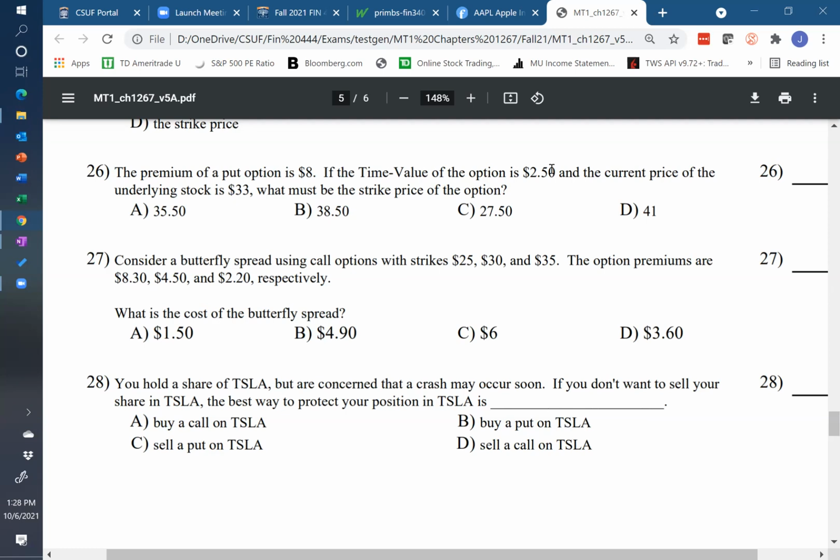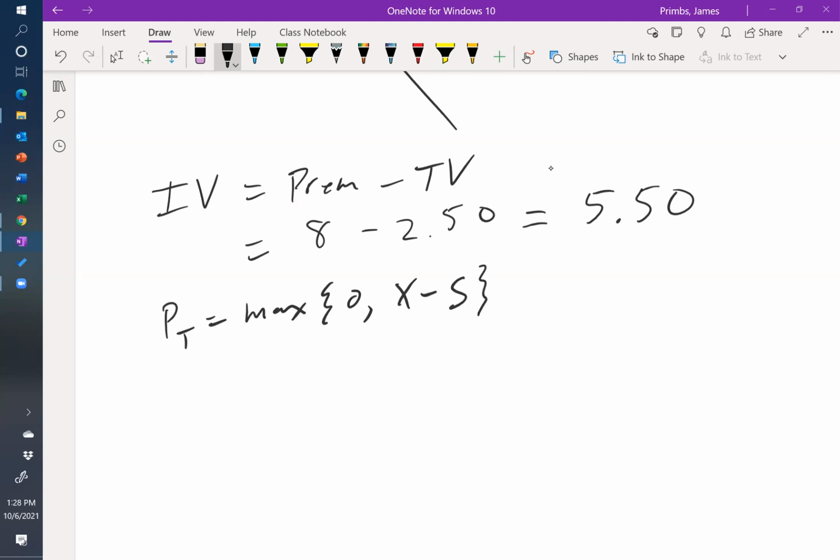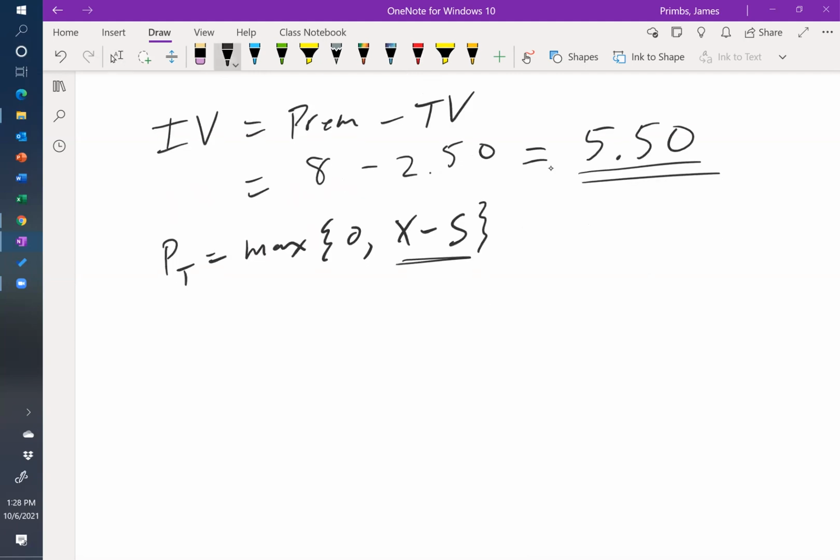So how do I calculate the intrinsic value? It's the payoff value, and I'm talking about a put. Let's remember the payoff value of a put, it's the max of 0 or X minus the stock price. Because it has intrinsic value, it's going to have to be the in the money case. So I'm going to have X minus the stock price needs to equal $5.50.